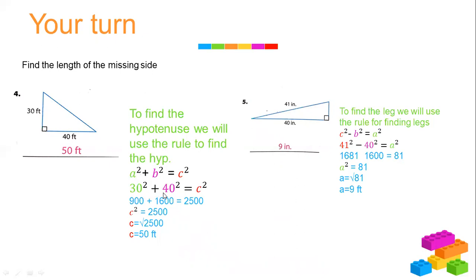So we write 30 power 2 plus 40 power 2 equals C power 2, which is 900 plus 1,600 equals 2,500. So C power 2 equals 2,500. To find the value of C, I use the square root of 2,500, which is 50.